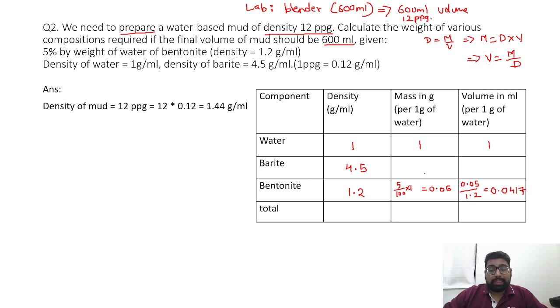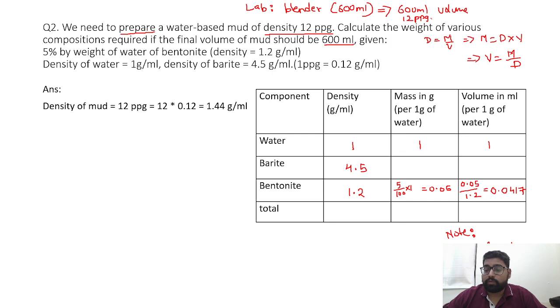Now, the next thing is barite. Always remember, barite is one of the chemicals used to increase the density of your mud. Something to note is the density of water in oil field units. The standard density of water is 1 gram per ml, and in oil field units, the density of water is 8.33 ppg.